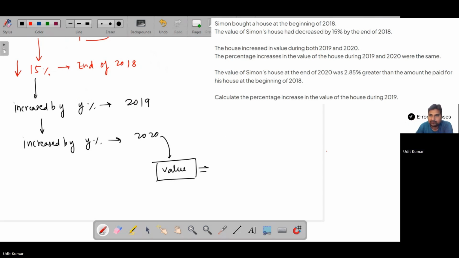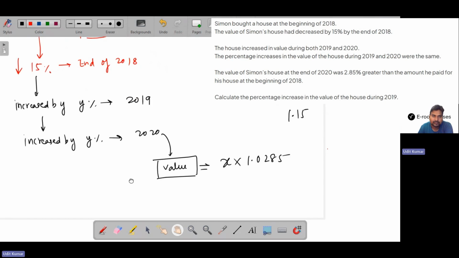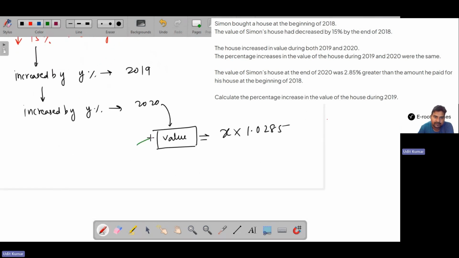When we say 10% more, it means we multiply with 1.10. If we say 15% more, we multiply it with 1.15. In the same way, we'll multiply this X with 1.0285. So what we need to do is find this value.